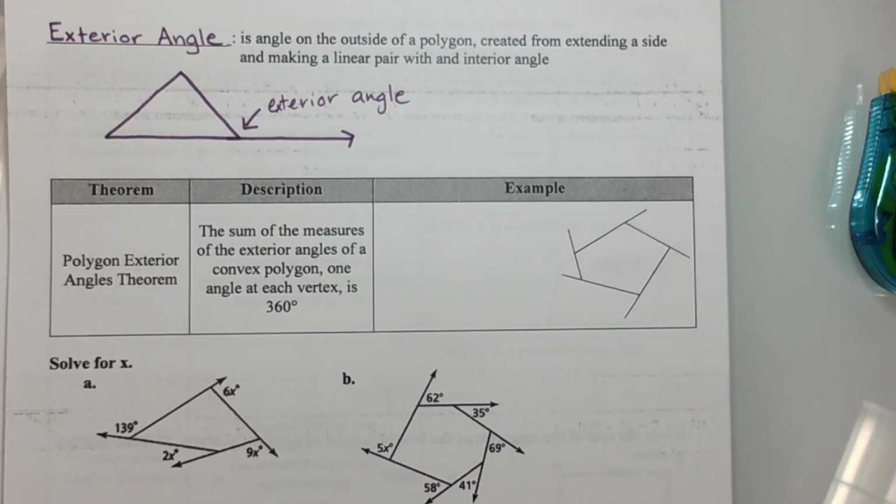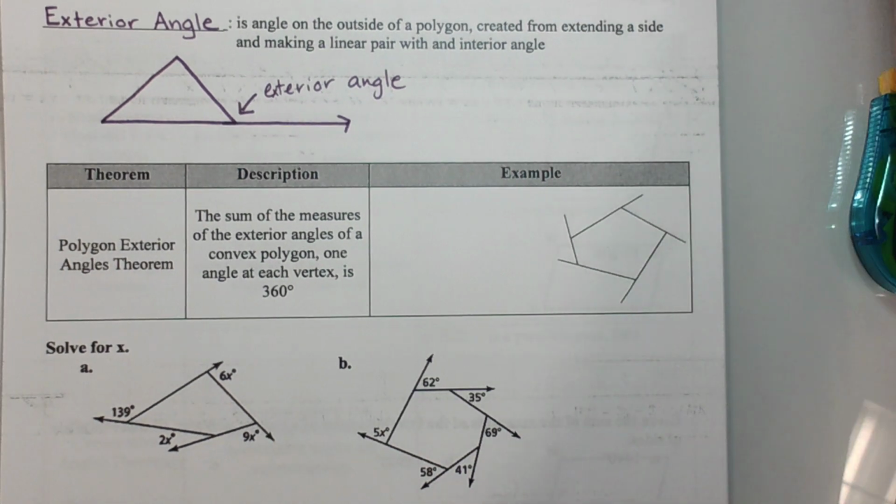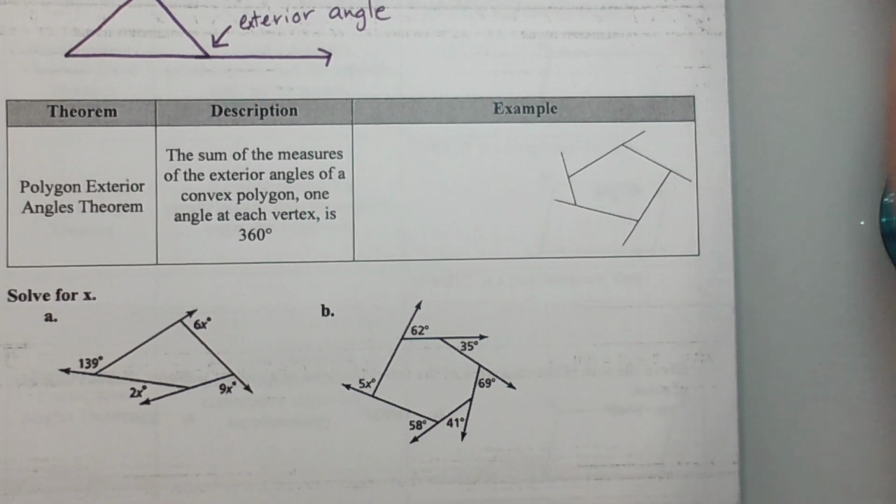General polygons, when you look at their exterior angles, you have a different situation going on. So we have the polygon exterior angle theorem today. The polygon exterior angle theorem states that the sum of the measures of the exterior angles of a convex polygon, one angle being at each vertex, is 360.